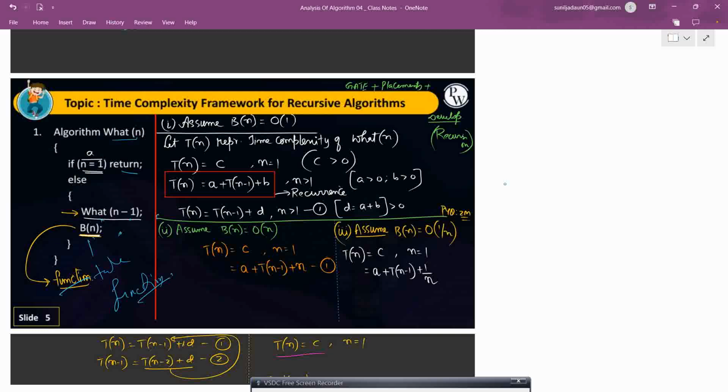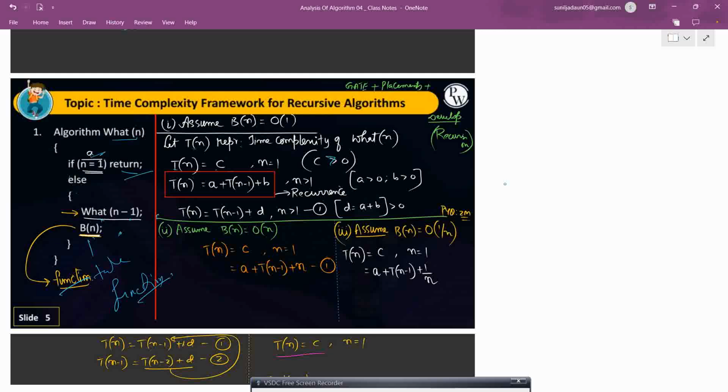Let T(n) represent the time complexity of A(n). So T(n) is equal to C if n is equal to 1, because here it is a constant, where C is greater than 0. If there is only one input, then it will return from here and only.